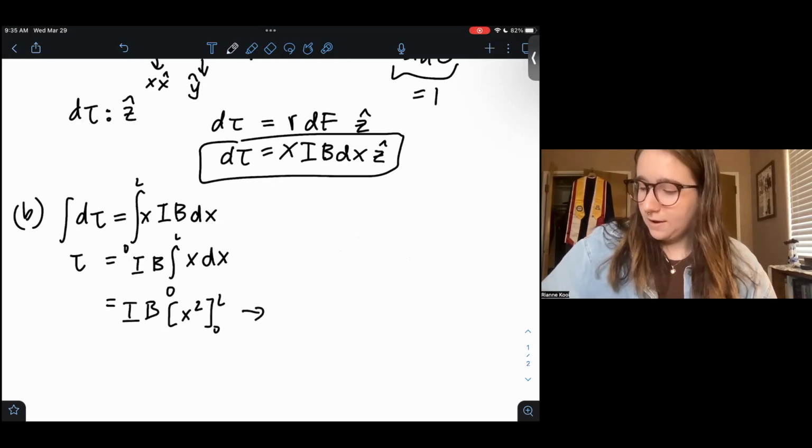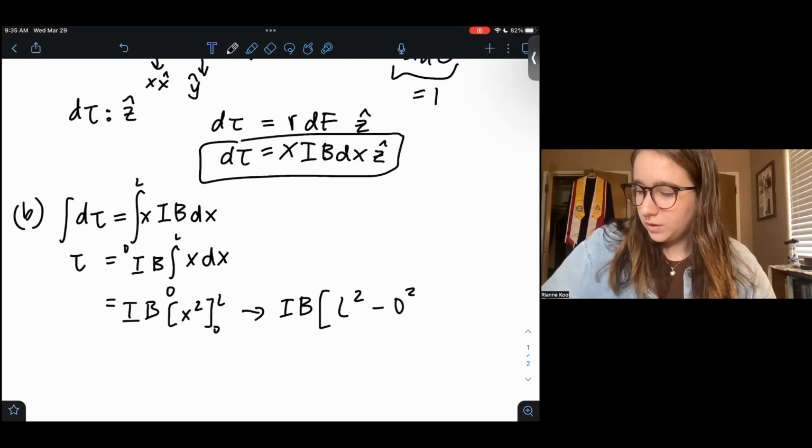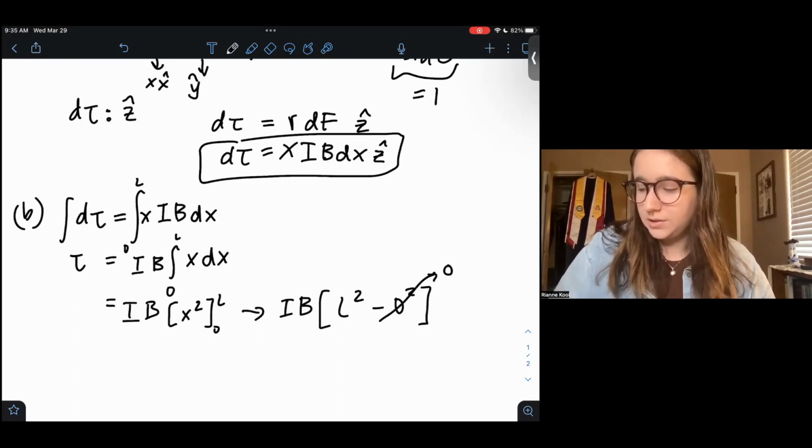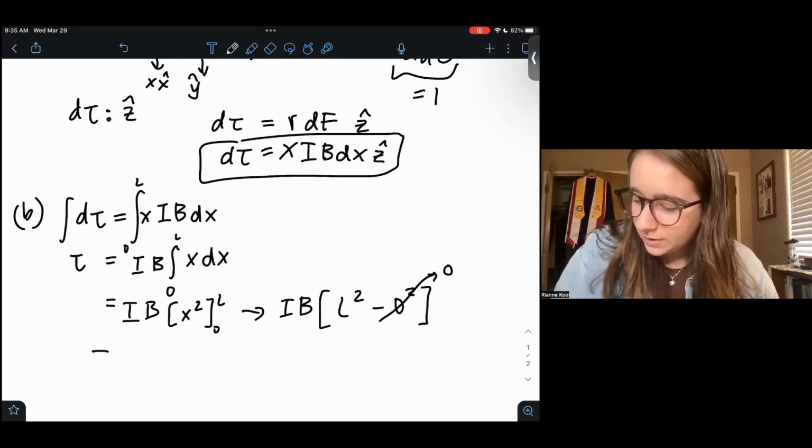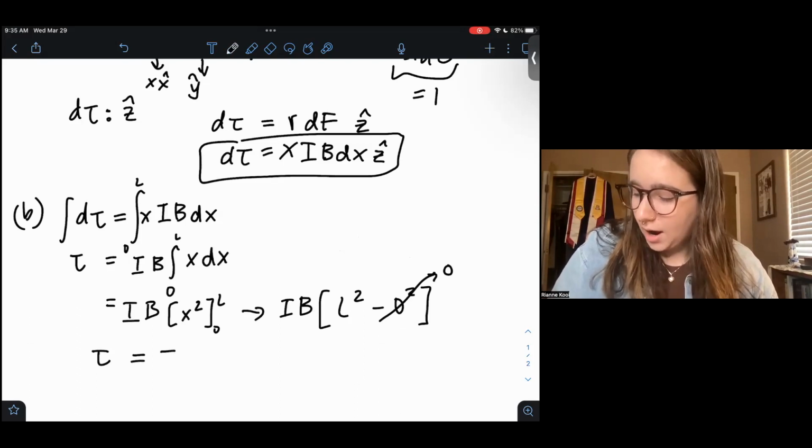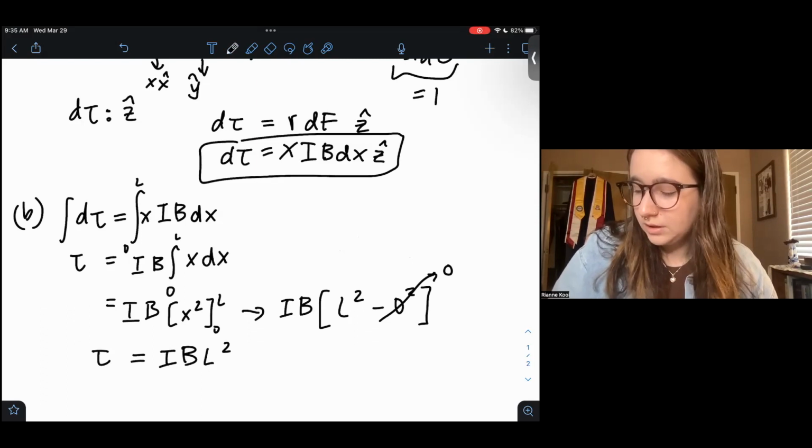So then we have IB, and it's L squared minus 0 squared. So 0 squared goes away, and we are left with tau is just IBL squared in the z hat direction.